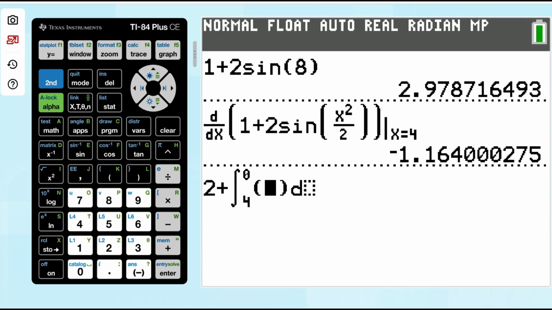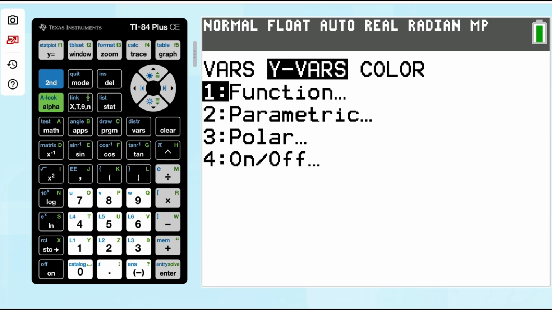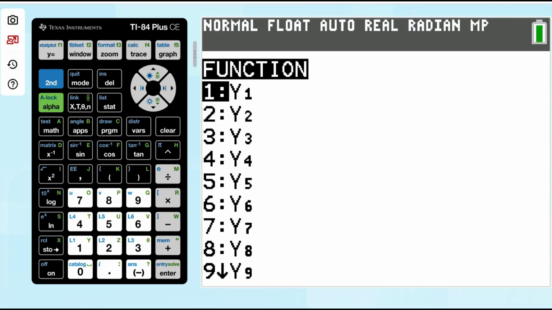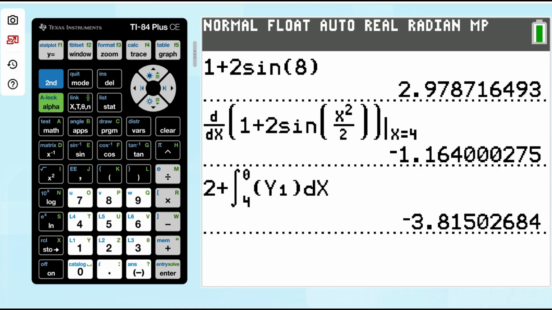And instead of retyping the whole function again, since I already have it graphed as my y1, I can hit this VARS button next to clear. And over in the second column, Y-VARS, we can choose option 1 for function and pick our function y1 and just put it in there with our dx. It'll do the integral for us, and we end up with negative 3.815.